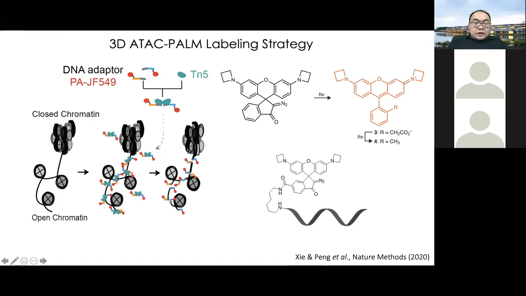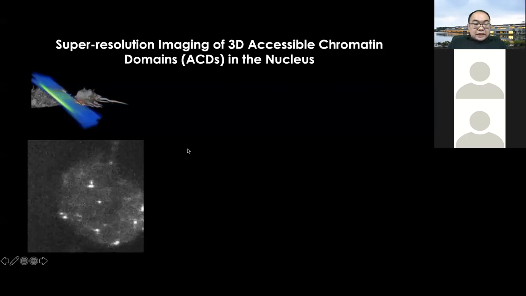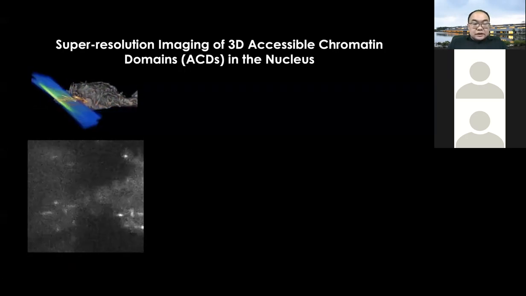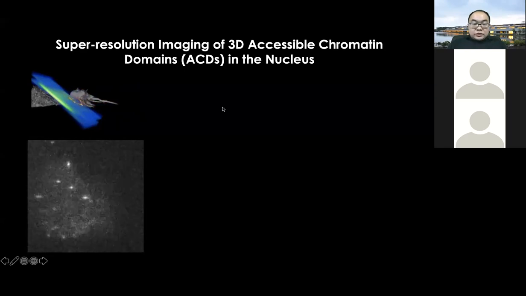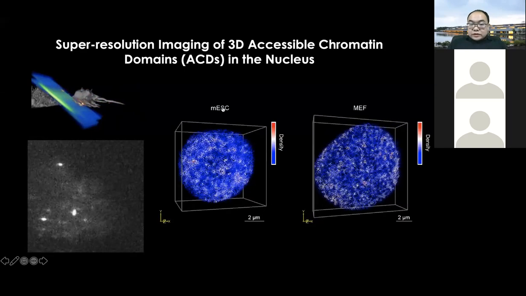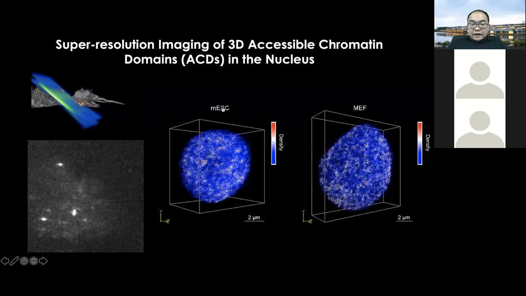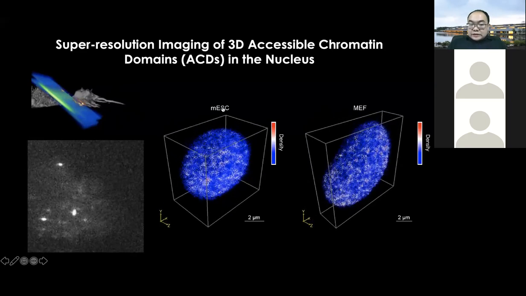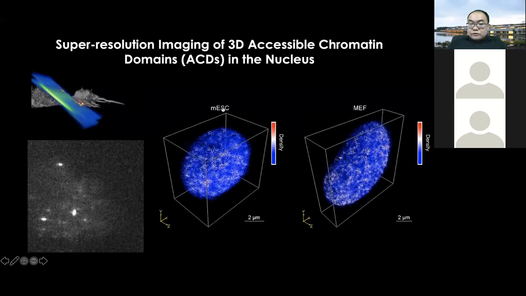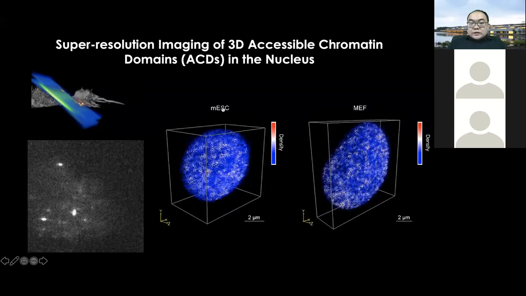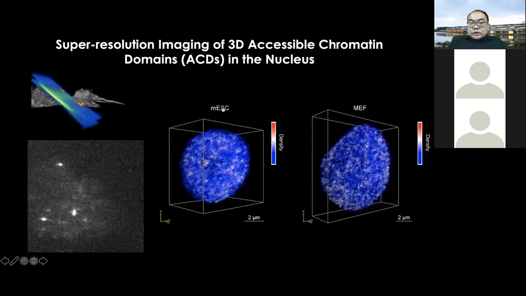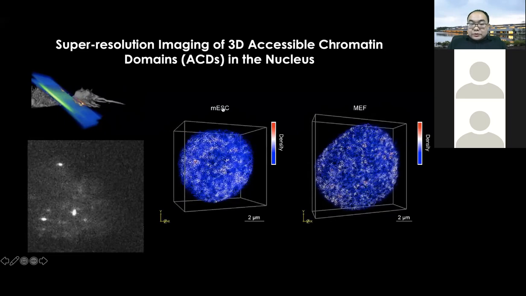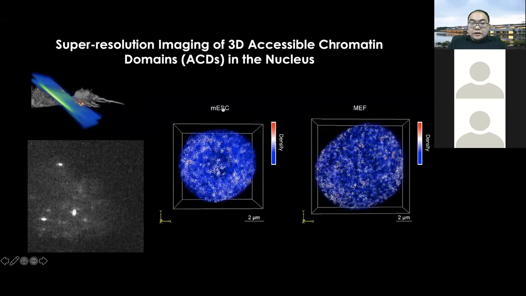Then we can couple this with lattice light sheet imaging, which allows us to image accessible chromatin structures in single cells with high resolution. And what we found is that these accessible chromatin sites also form clusters, mimicking the SOX2 enhancer clusters that were observed in single live cells.